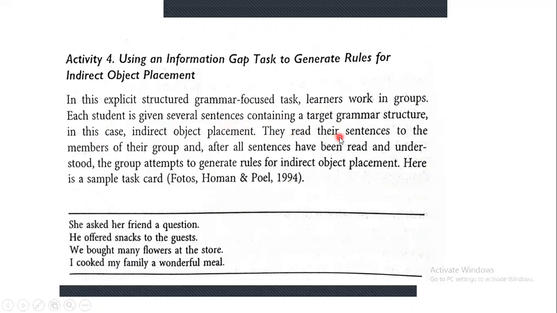They read their sentences to the members of the group, and after all sentences have been read and understood, the group attempts to generate a rule for indirect object placement. Here is a sample task card.